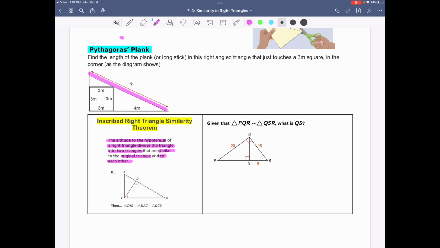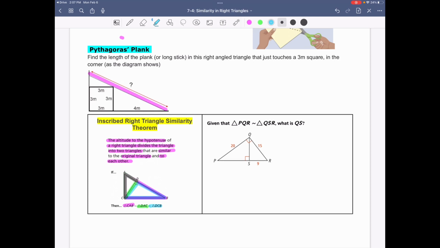So we're saying here that triangle CAB is similar to triangle DAC and is similar to triangle DCB. So all 3 of those.